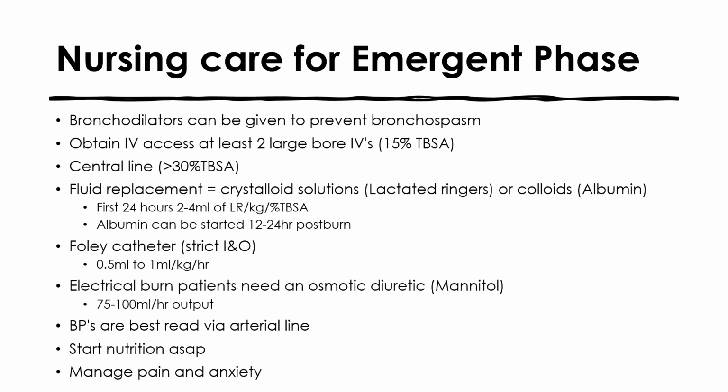And we're looking for a 75 to 100 mL an hour output for these electrical burn patients. For non-electrical burn patients, we want to see 0.5 mL to 1 mL per kilogram an hour, okay, for output. So we need strict I&Os for these patients.